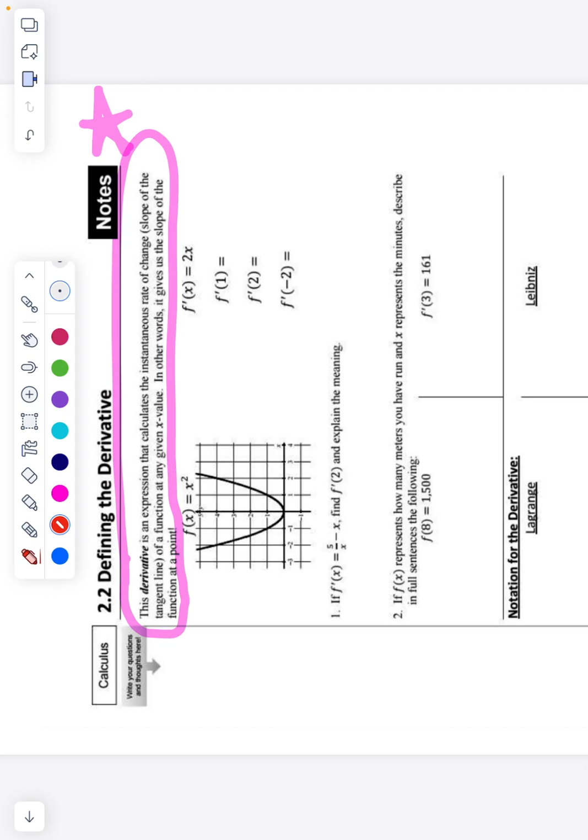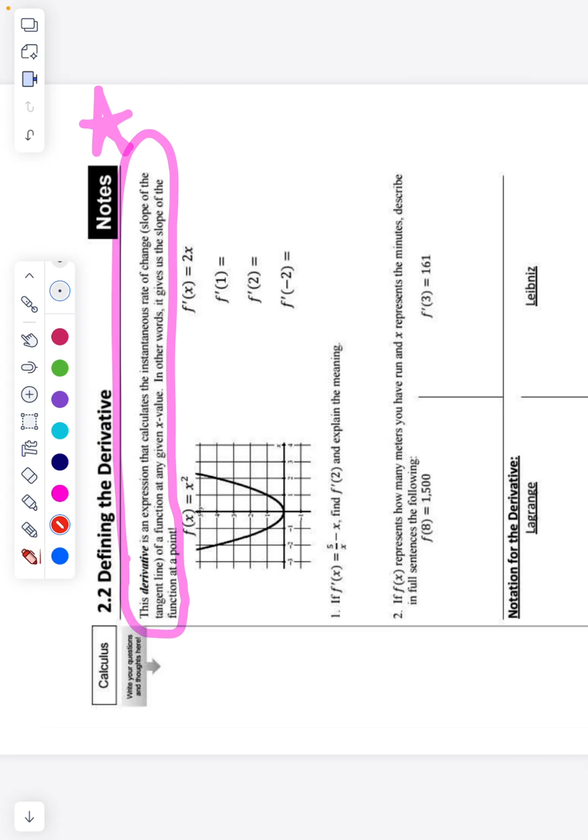So, derivative. The name doesn't totally imply what it is, which is unfortunate, but it's an expression that calculates the instantaneous rate of change of a function at any given x value. So think about applications of this out in the real world. We could find the rate of flow of the Colorado River at any given moment, or the rate of a car in the middle of a crash at any moment, right?